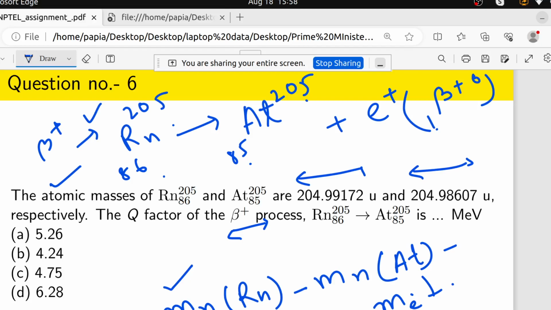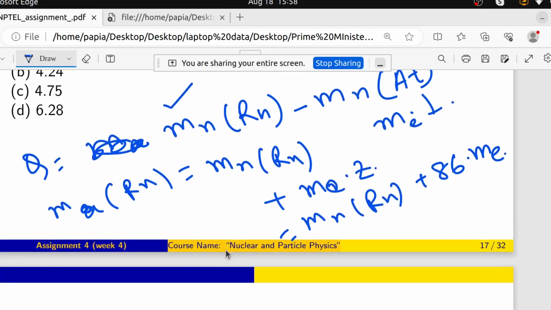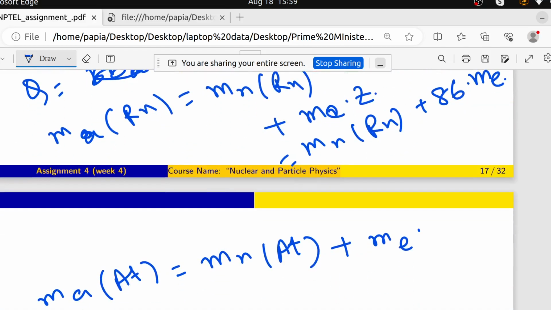So this is the Ma of Rn. Okay. Now coming to the Ma of At, the atomic mass of At. So what will be the value? Mn of At plus Me into Z. What is Z for At? 85. Fine.